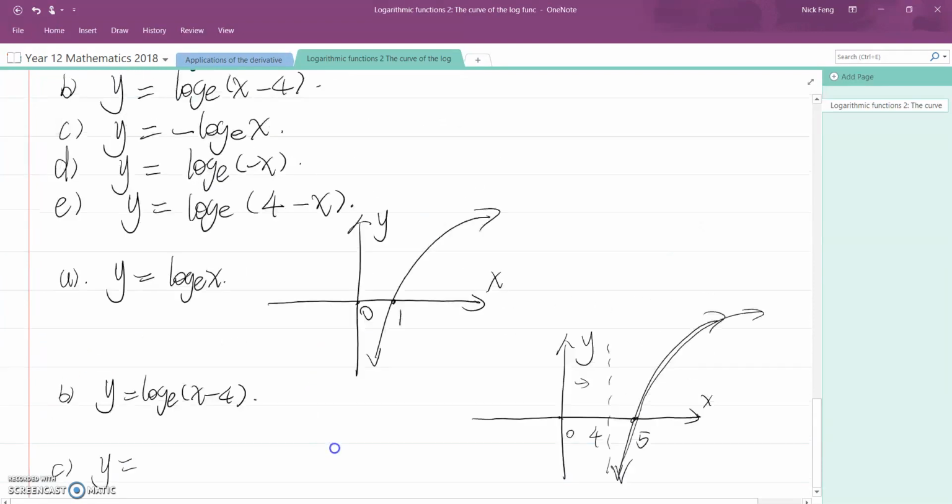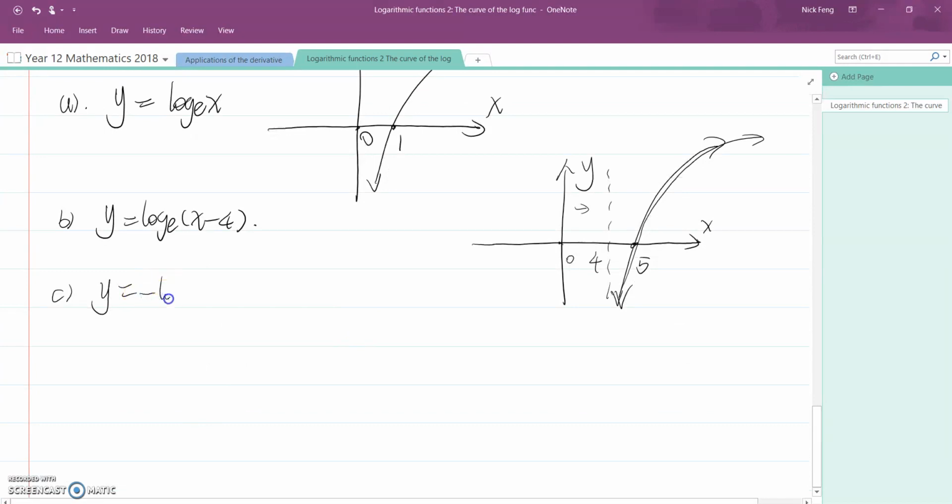Next one, we have y equals negative log x. Now there is a little trap in here. Even if you see a negative on the right hand side, it doesn't mean it is reflected about the y-axis. It doesn't mean it's a horizontal flip, because this negative actually should go with the y, because it's not inside the x. Sorry, not inside the log function.